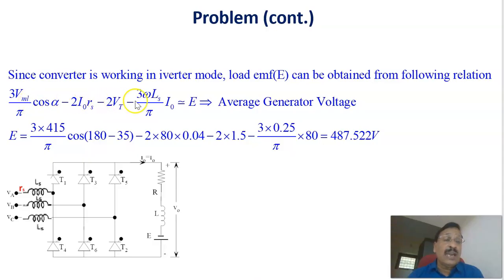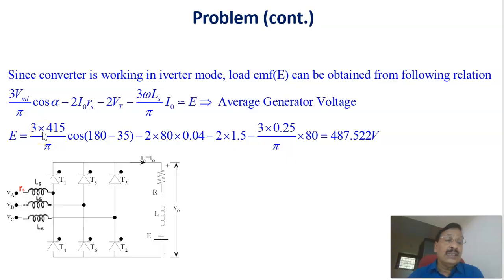If you subtract these, only if this voltage is just above that one will there be a current in that direction. Therefore, the average generator voltage E should be equal to the back EMF. Then only the power will be flowing here.